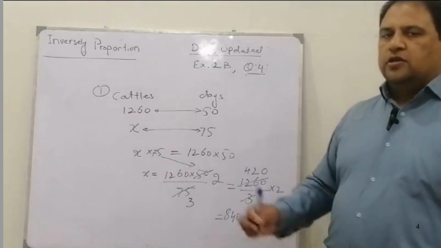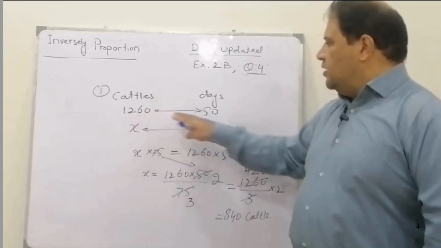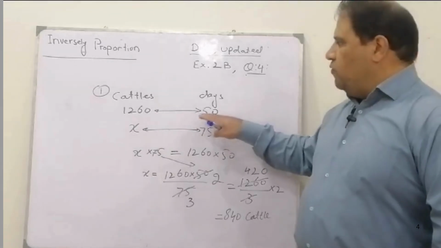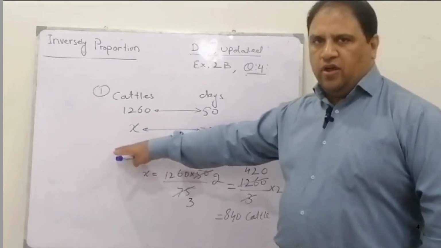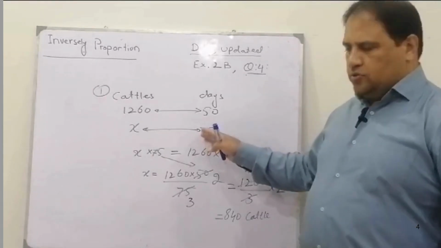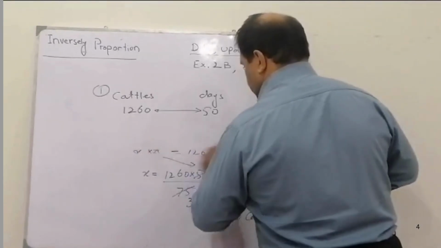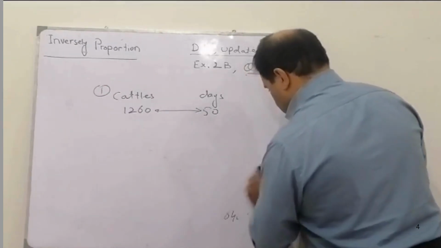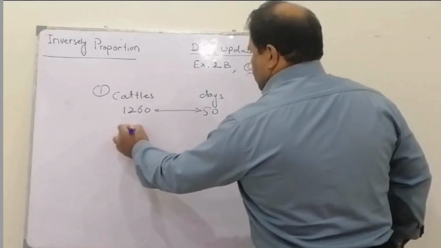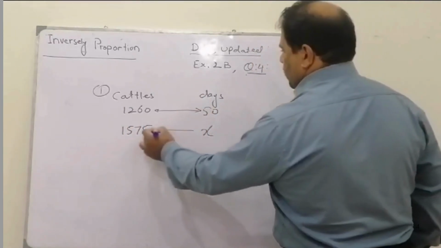It means now they are changing the situation. 1260 cattle are fed for 50 days, but if we want to feed 1575 cattle, then how many days will it last? So we have 1575 cattle and this time we need to find the days.